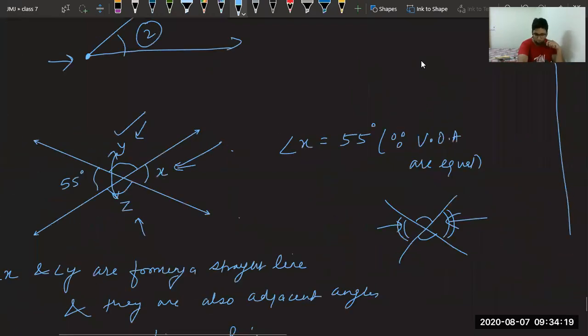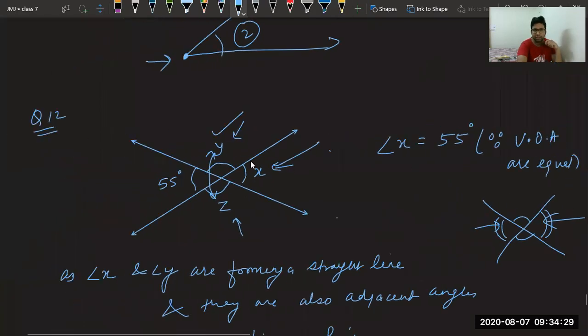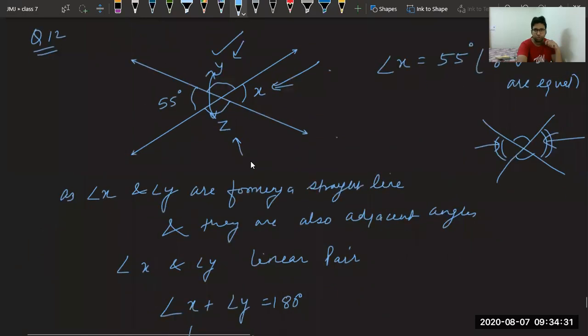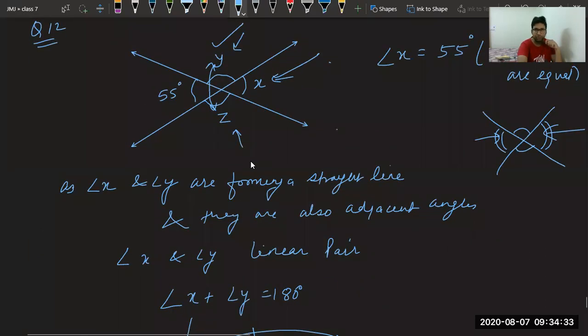Mokshita, what do you want me to repeat, beta? Okay, why we subtracted? Ekta, we subtracted because to find unknown things, as we have done in chapter number 4, we make it alone. Okay, I'm repeating again. In question number 12, we know this angle is 55°. We had to find x, y, and z.